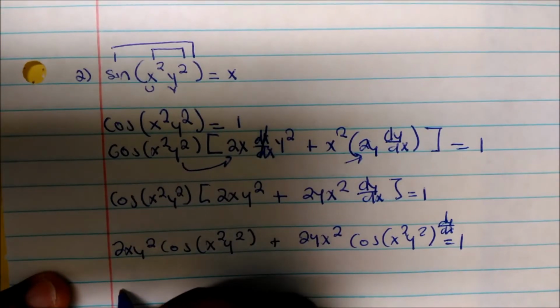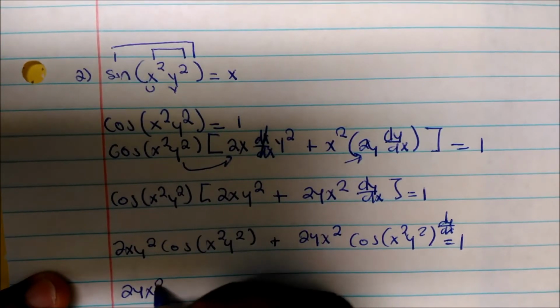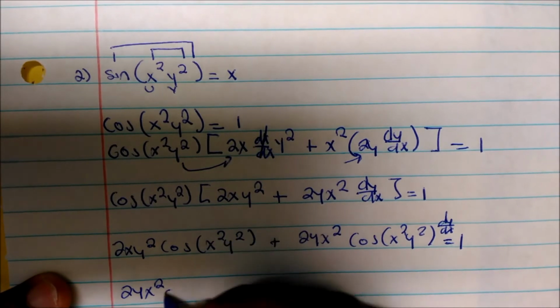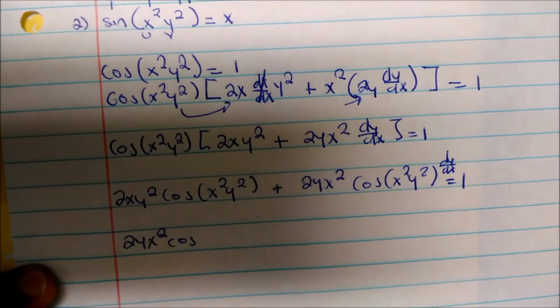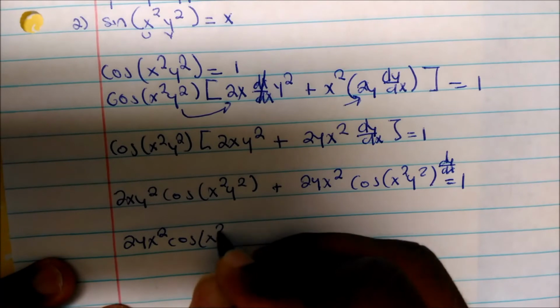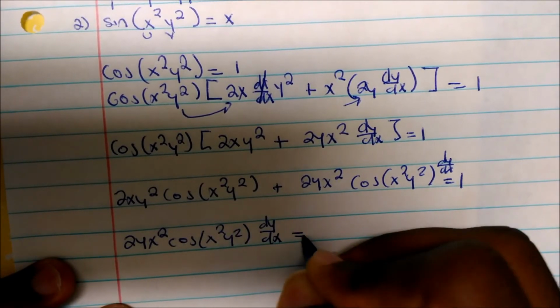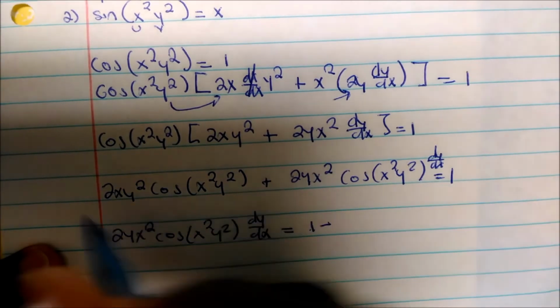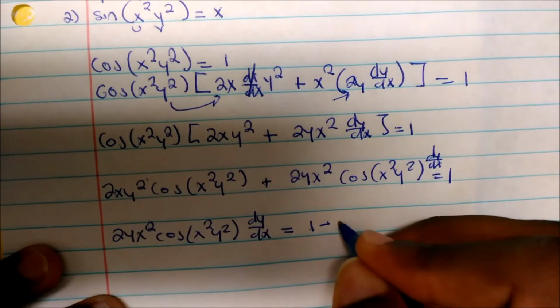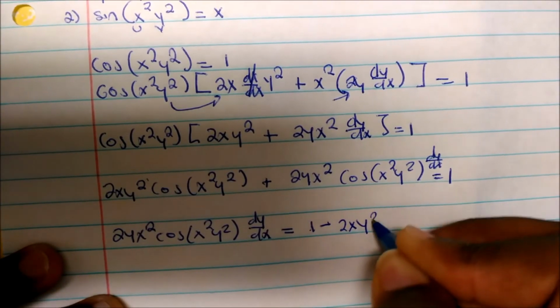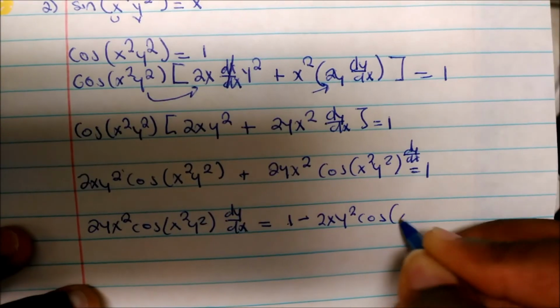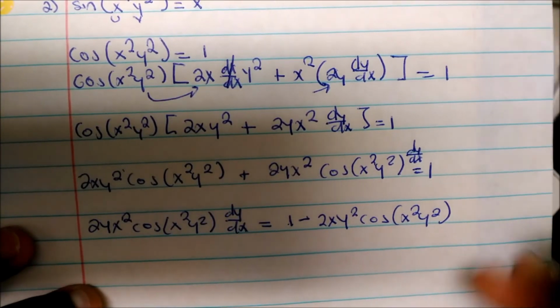So this now will be 2y x squared cosine of x squared y squared dy/dx, and that's going to equal 1 minus this over here, which I just moved to the other side. So 2x y squared cosine of x squared y squared, right?